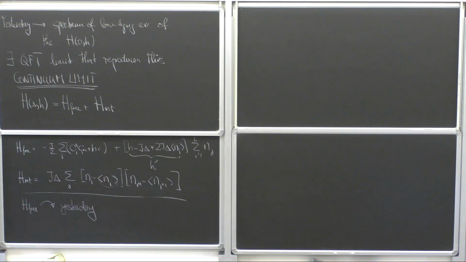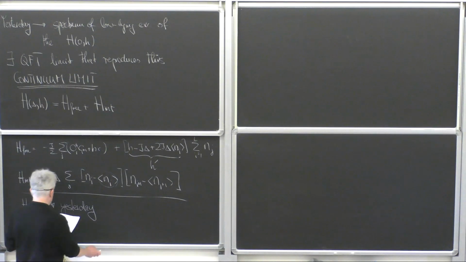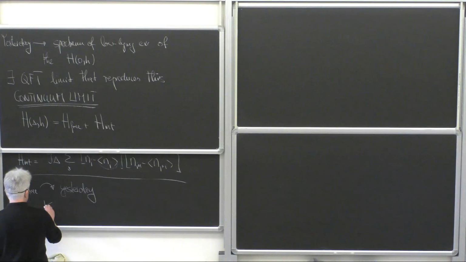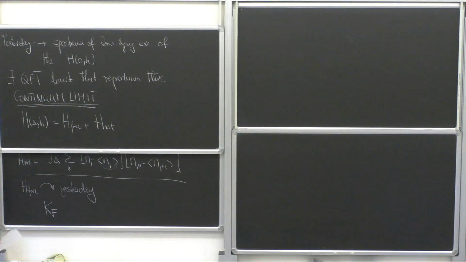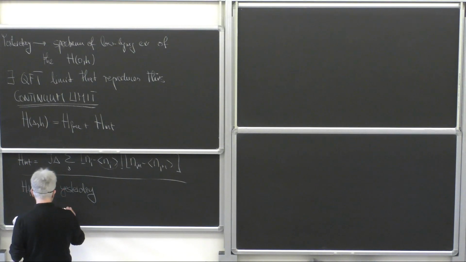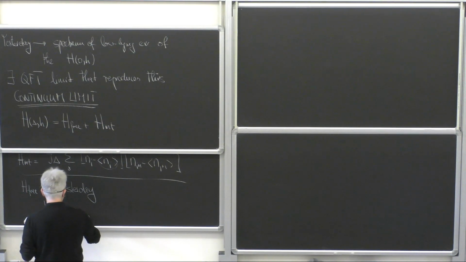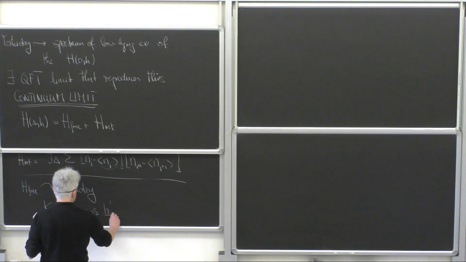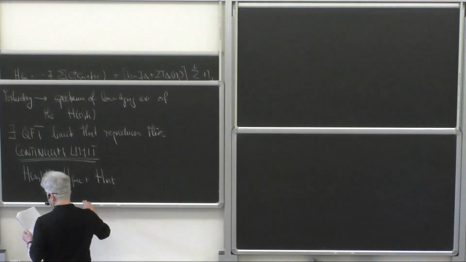Instead of H prime, we had H yesterday, but of course all the steps go through. Which means the ground state is obtained by filling a Fermi sea between some Fermi momentum and minus the Fermi momentum, and k_F is arccos of H prime over J. So that's what we had yesterday.